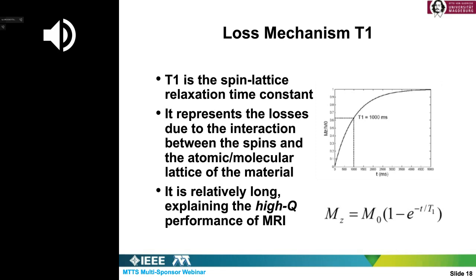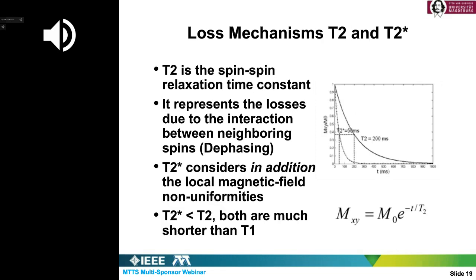The second loss mechanism is the spin-spin interaction, which means the spins themselves, when they precess, influence each other and start to dephase. When they flip, when they change the population, giving rise to more higher energy than lower energy, they are parallel to each other. But because of some slight differences in the precession frequency, they start to dephase.